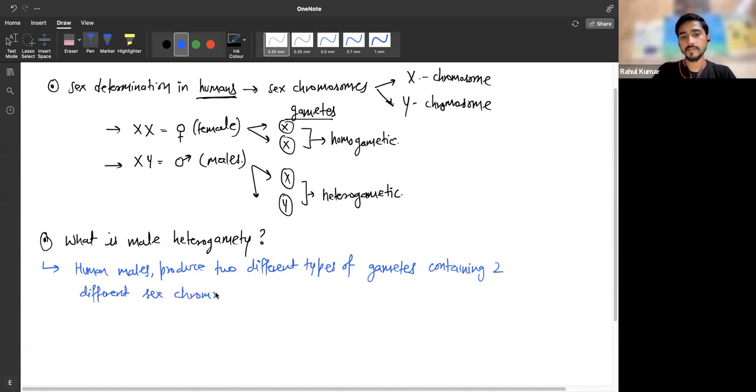In bracket, you can write X and Y. This phenomenon is known as heterogamety.